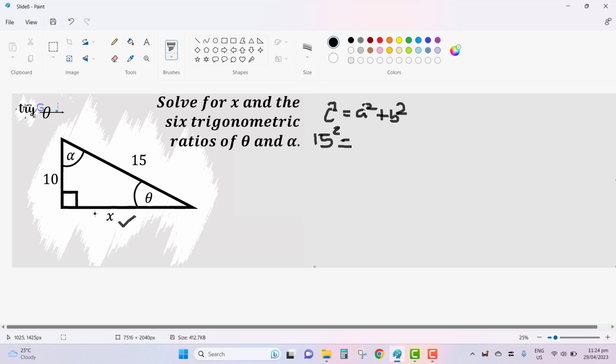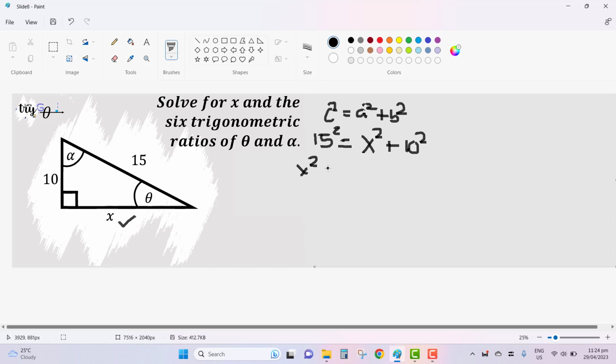Now you could decide whether it should be X or whether it's 10. Just for the play of numbers or expressions, let me just use X, and so I will have 10 squared for our B squared. So you can solve X squared.